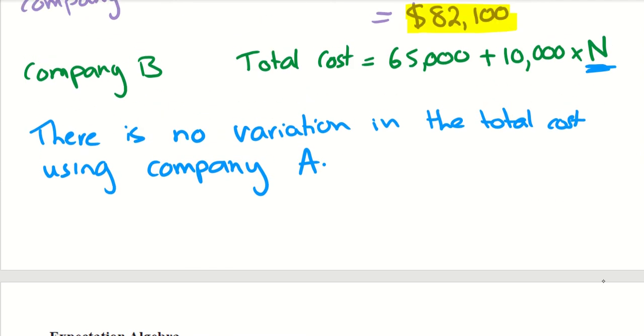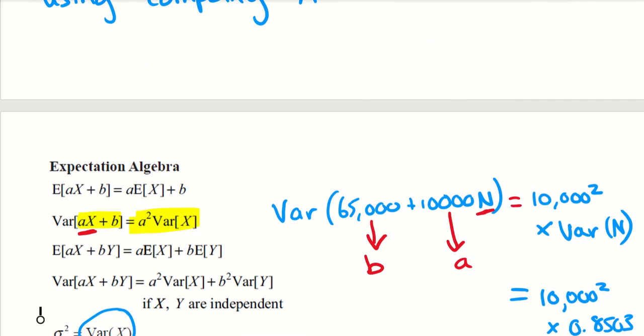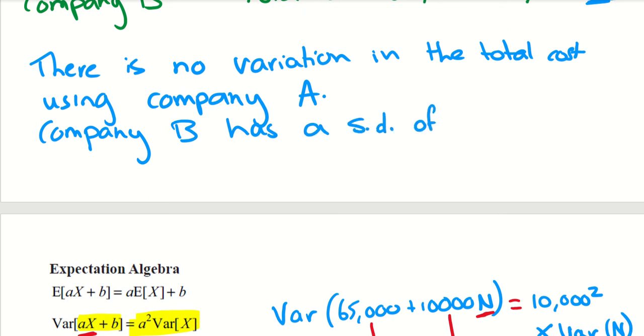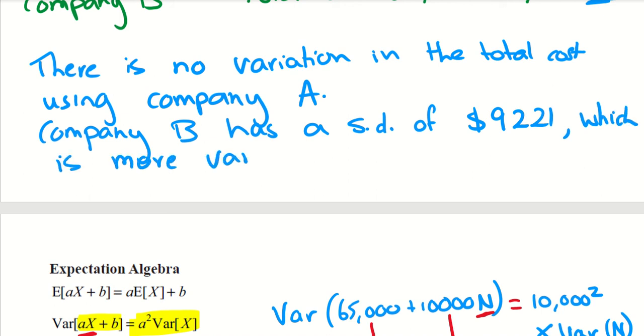So up here I can add a comment and say company B has a standard deviation of 9,221, which is more variable than company A. And there we go.